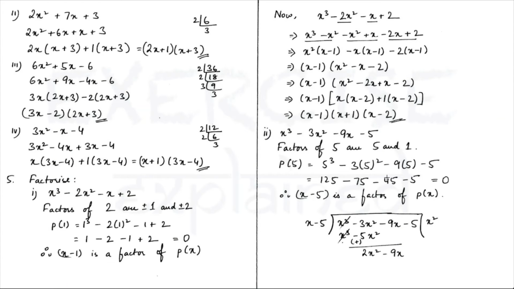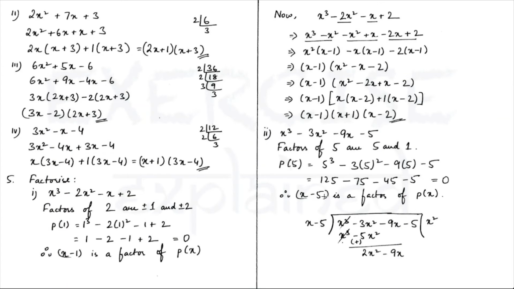Now minus 75 minus 45 is minus 120, minus 120 minus 5 is minus 125. So plus 125 minus 125 cancels, and what we have got is 0. Since we have got 0 for x is equal to 5, if we take 5 to the other side it becomes minus 5. So x minus 5 is a factor.